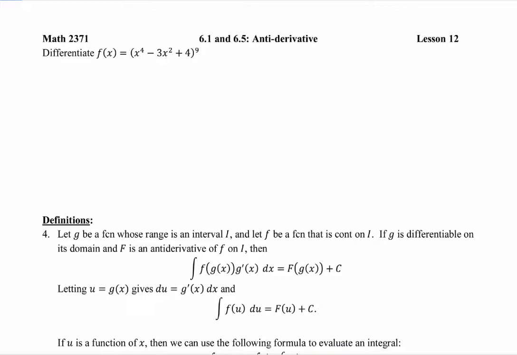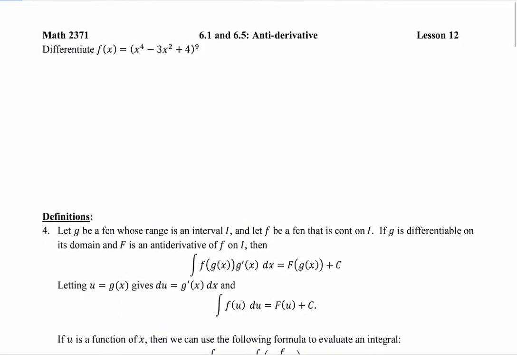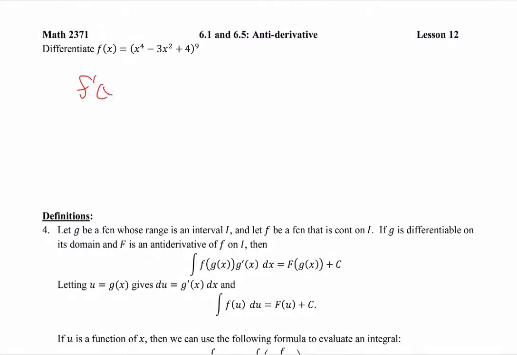So remember the derivative using the chain rule. If we find f prime of x, then that would be 9 times, we leave the inside alone, (x^4 - 3x^2 + 4) to the 8th.